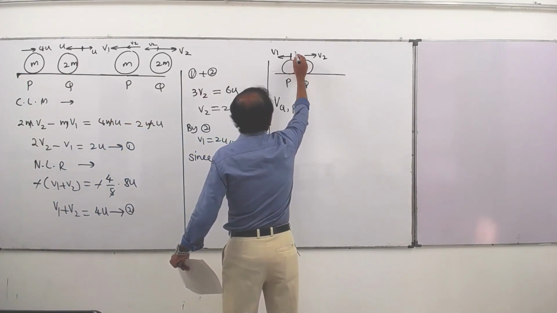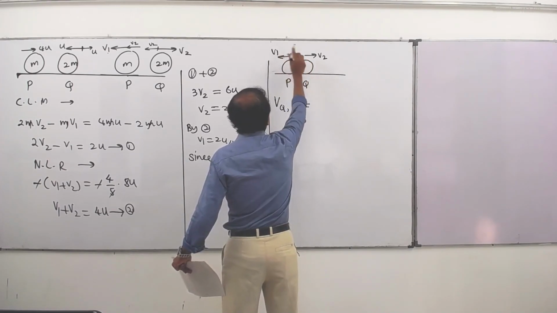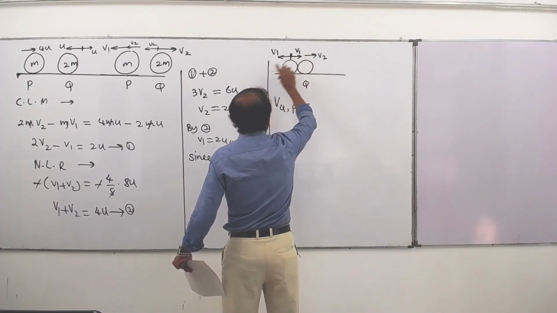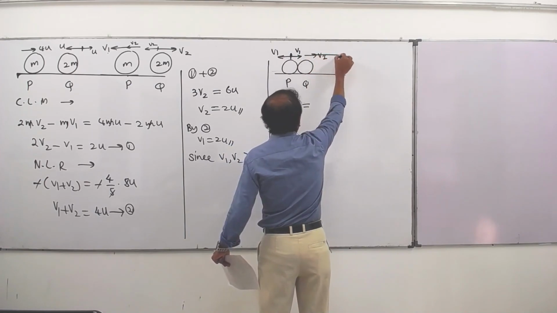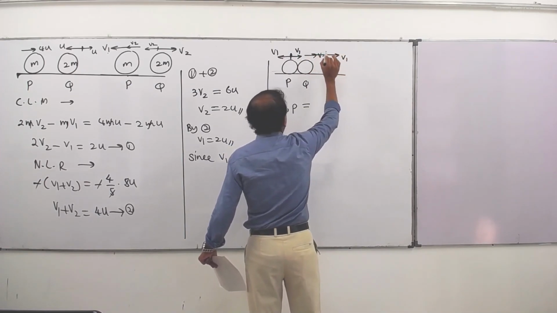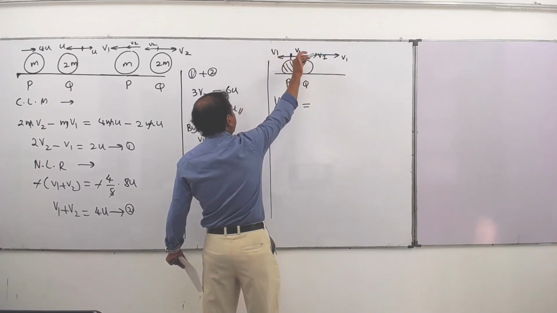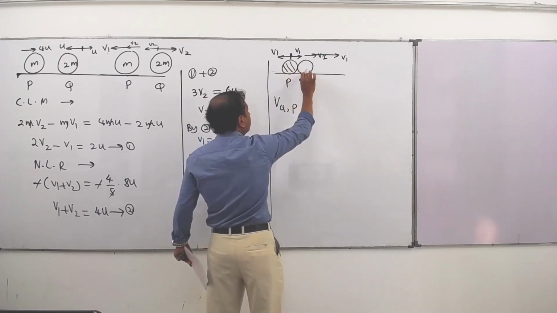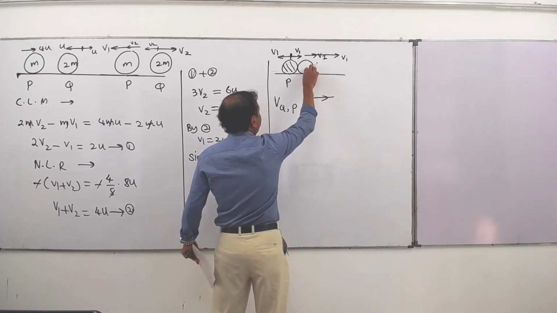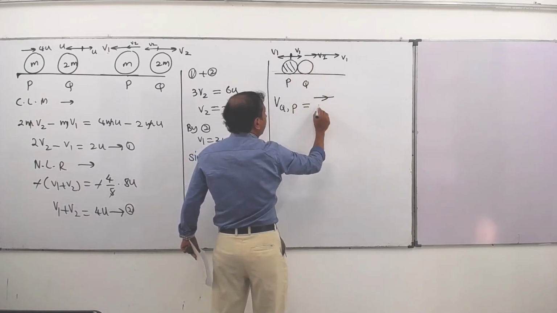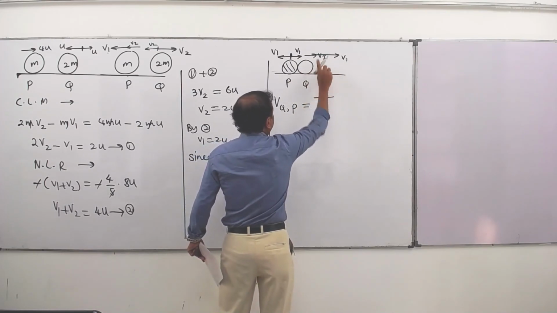Apply the velocity of P, V1, in the opposite direction to stop it. That added velocity we have to apply on Q also. Then P is at rest, and Q gets V2 plus V1. That velocity is the velocity of Q relative to P, V1 plus V2.